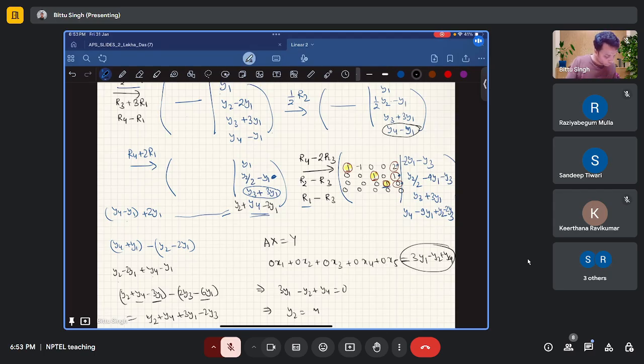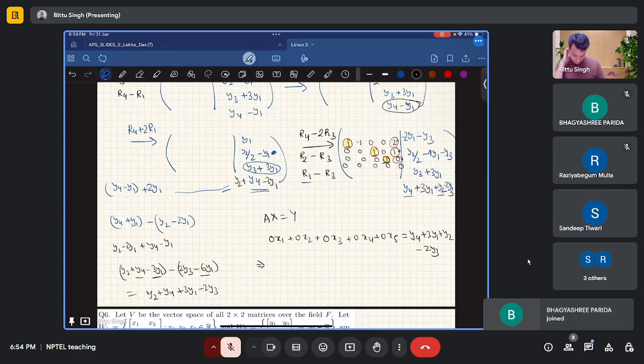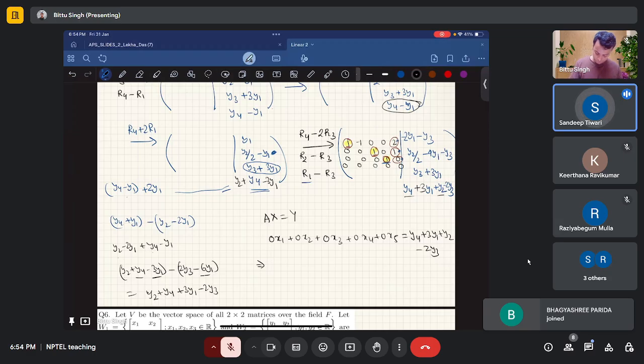So it should be y2 plus y4 plus 3y1, minus 2y3. So this is what you get, right? Yes, sir. Okay, so I think I need to change this. It should be y4 plus 3y1 plus y2 minus 2y3, equal to 0. So 2y3 is equal to y4 plus 3y1 plus y2.